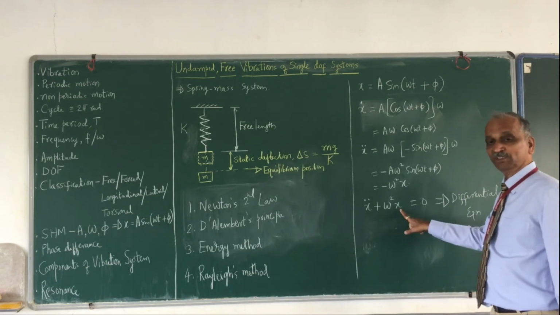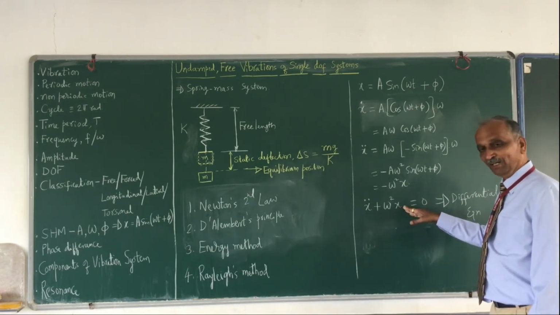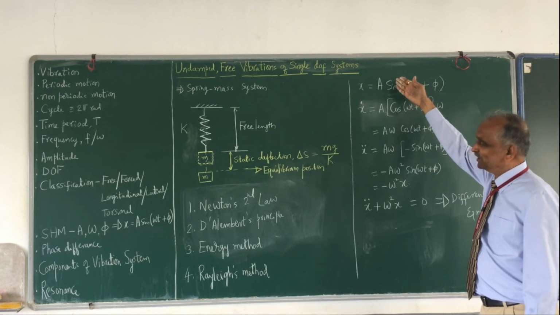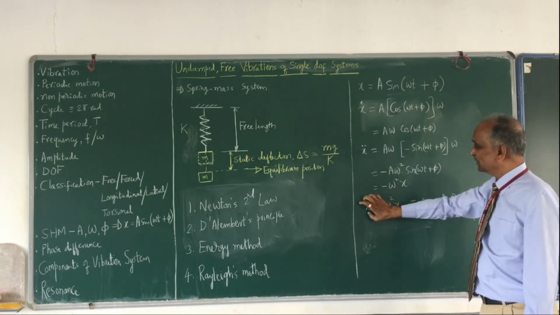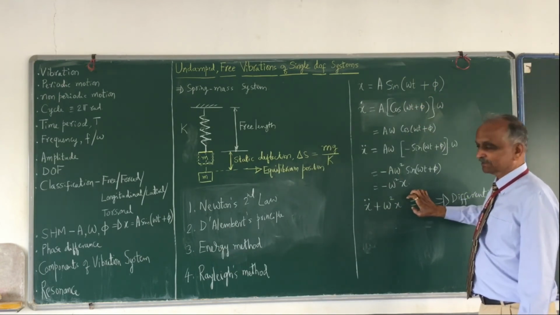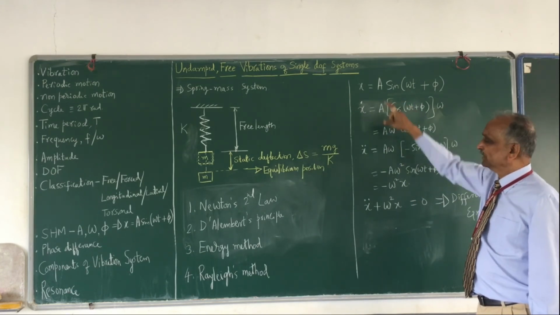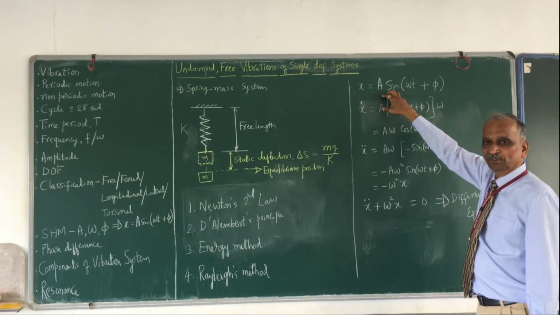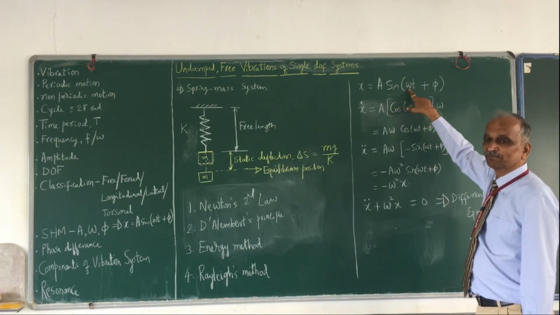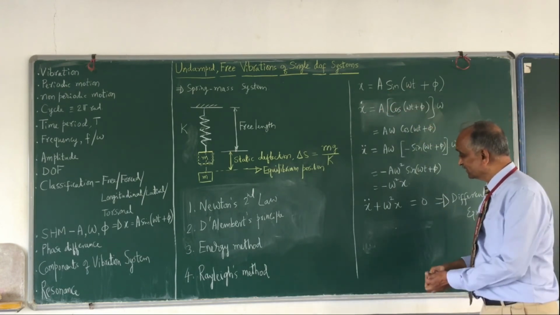Now this is the differential equation. What is the solution of this differential equation? We started our discussion with this. The solution of this differential equation is this, and the frequency of this is omega. So where is omega here?